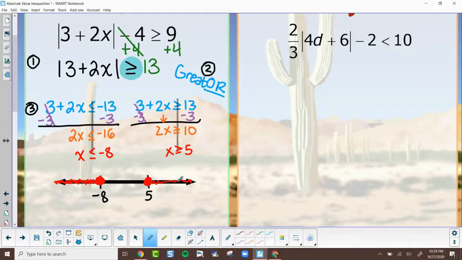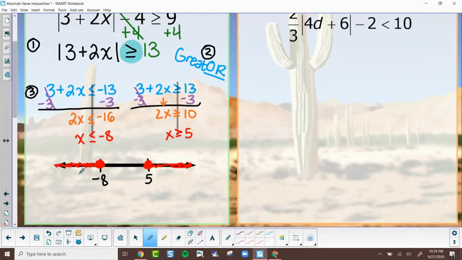Everything above is right here. All right, just need to write my final answer. So I'm going to have negative infinity, so negative 10, negative 20, to negative 8 with a bracket because it's equal to, union, to skip over, bracket to be equal to 5, upward to infinity. So things like 6, 7, 10, 11, what have you.